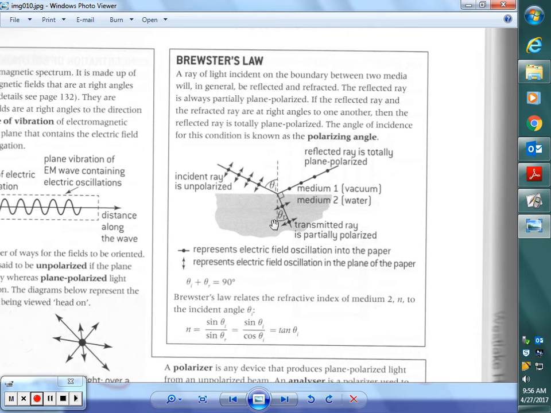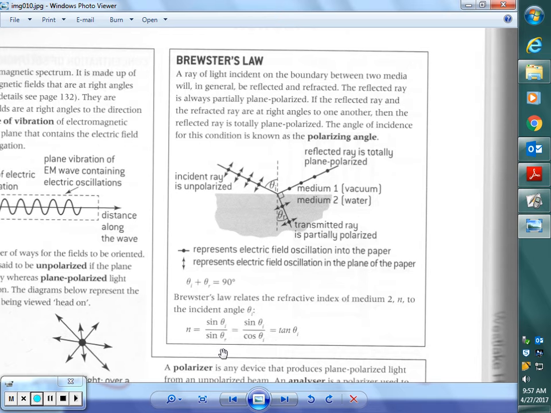If the index of refraction is set up, or just by chance is set up, where these two angles are perpendicular, the reflected angle, which we know is angle of incidence equals angle of reflection, and the refracted angle, if these two are perpendicular to each other, the light that is reflected comes out totally polarized.